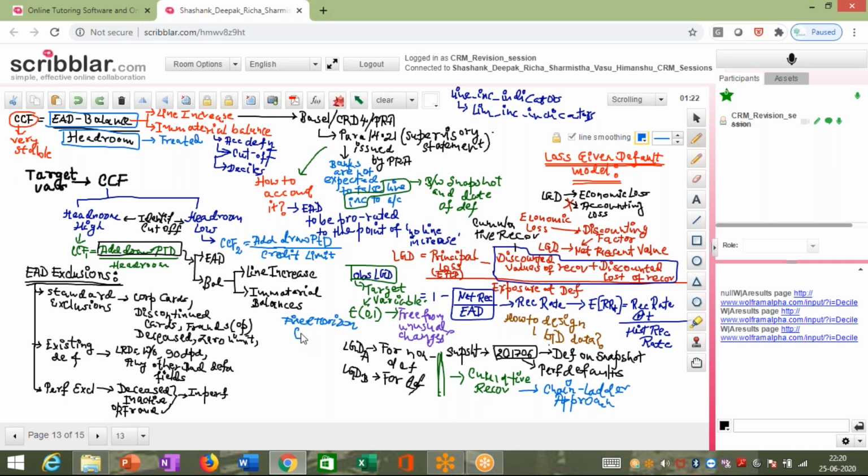Now these are the two methods that we need to talk about. The fixed horizon method and the cohort method are respectively used for quantifying the LGD in data preparation, respectively for the LGDA and LGDB models, right?